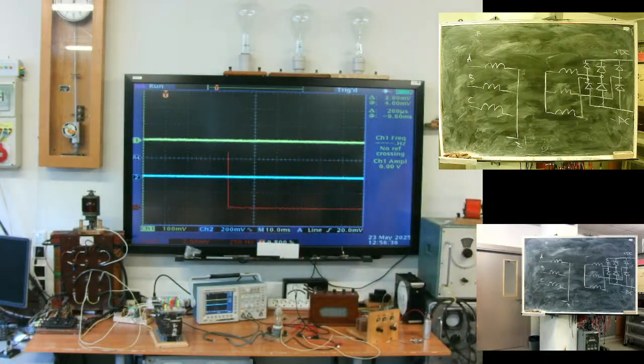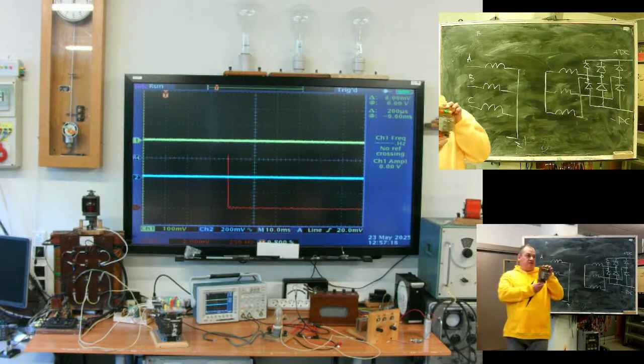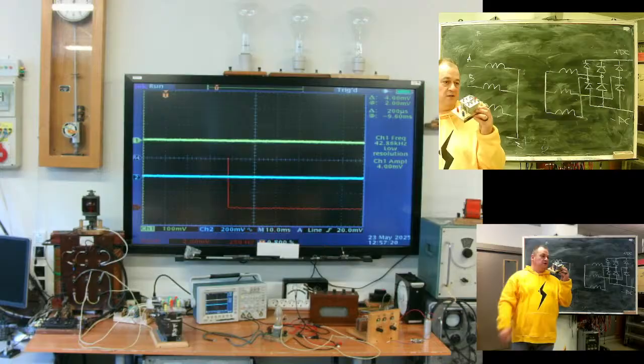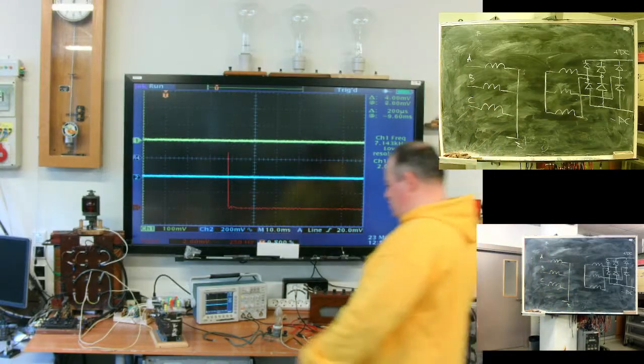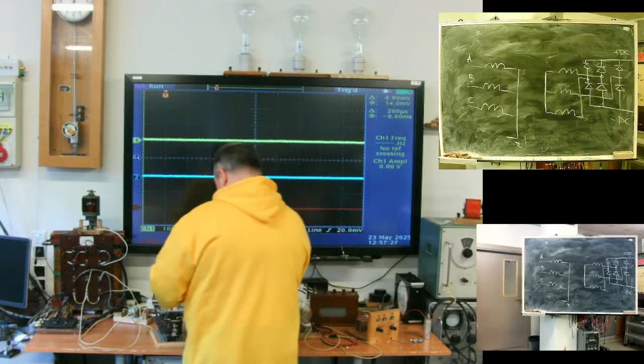Where is my full bridge? Here it is, my full bridge rectifier. 6 diodes on two cooling radiators.